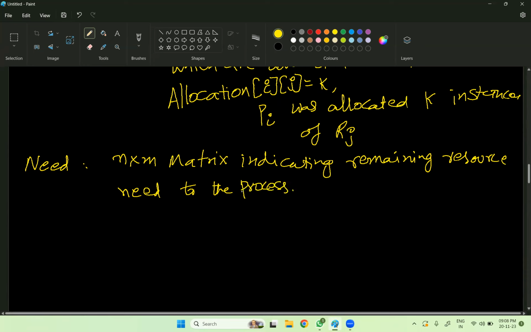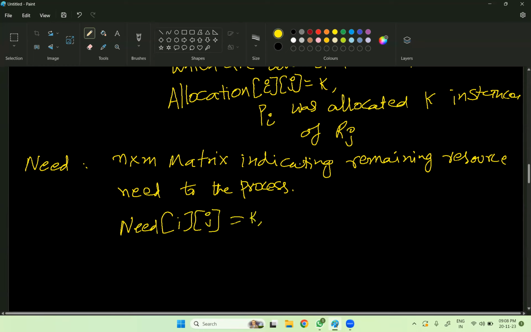So look at this. Already I have given some pretty important information, that is claim edge. Claim edge is always trying to request in the future, not exactly now. So that is why need comes into the picture. Otherwise, there is no need operation here. I hope that you understand. For example, need of i comma j is equal to k.